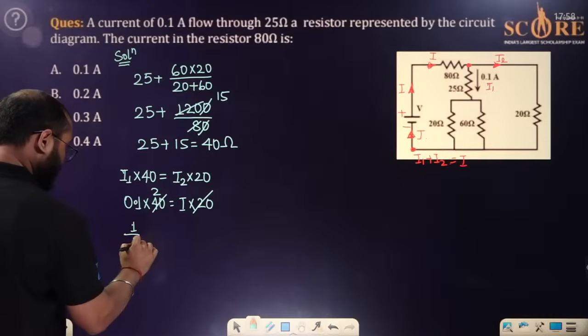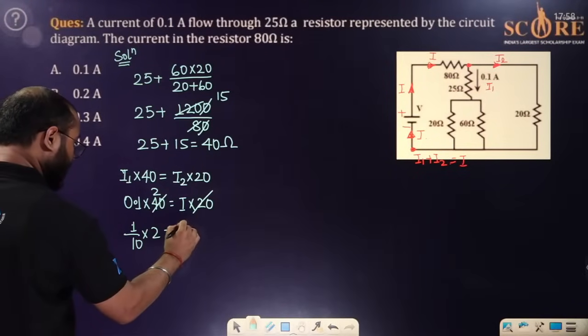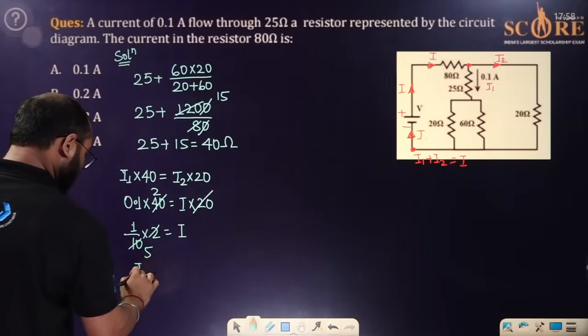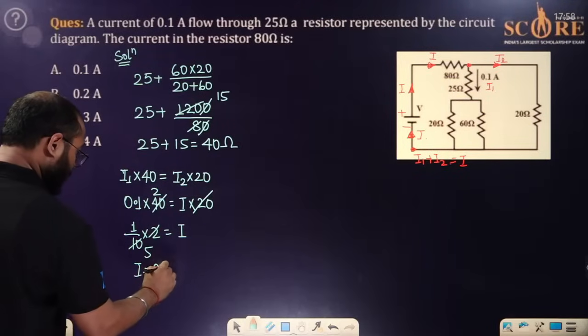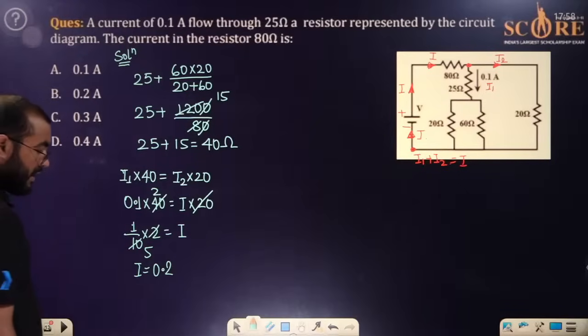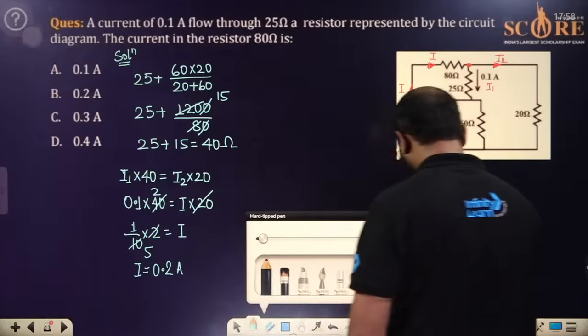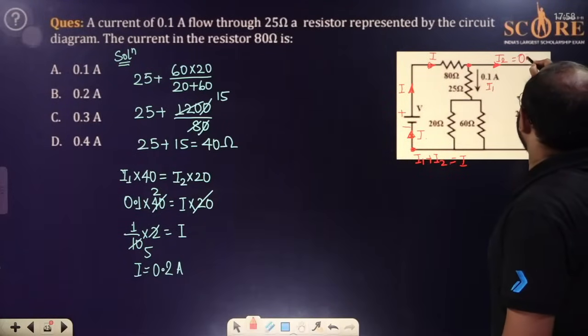This is 1 by 10, multiplied by 2 equals I2. This is going to be 5, everyone. The value of I2 is coming out to be 0.2, sorry, my bad. It is coming out to be 0.2 ampere. So we have found the value of I2 is 0.2 ampere.